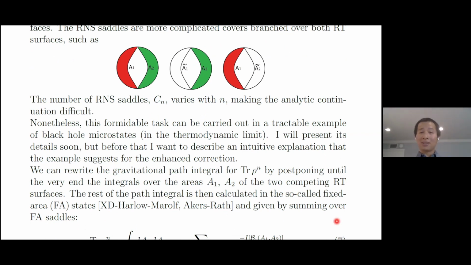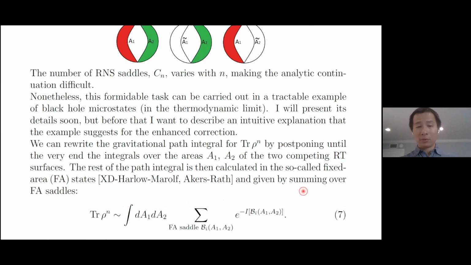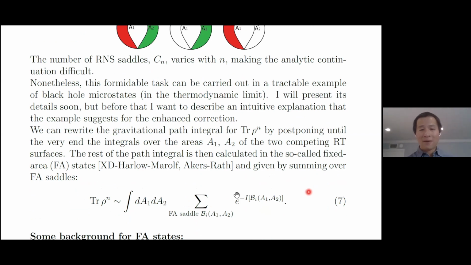In a gravitational path integral, we in principle need to integrate over all degrees of freedom of the metric and possibly other fields, but we're going to leave the integrals over A1, A2 until the very end, and we can do the rest of the path integral first. The rest of the path integral is then calculated in the so-called fixed area states.